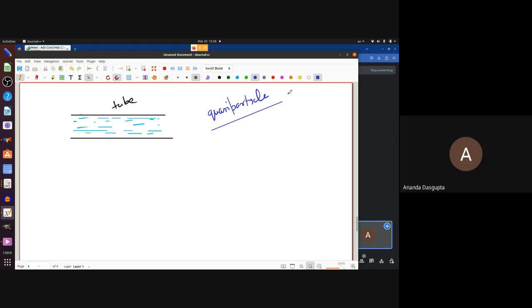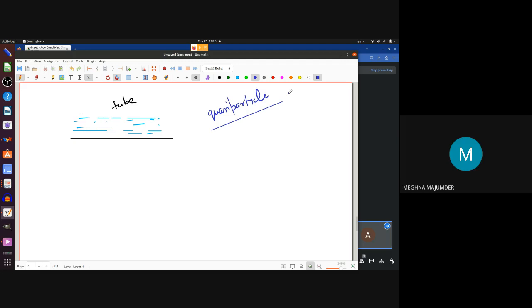Any other kind of quasi-particle that you have met in your course so far? Haven't you heard of magnons yet in your course?